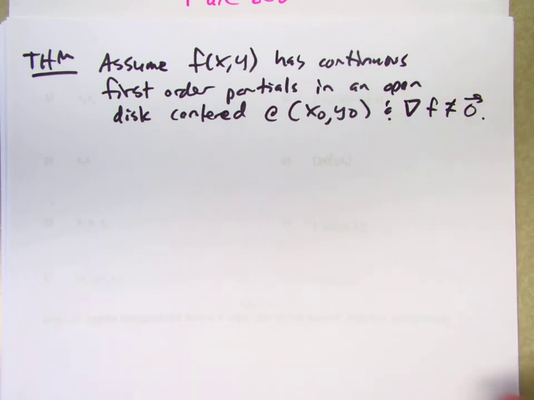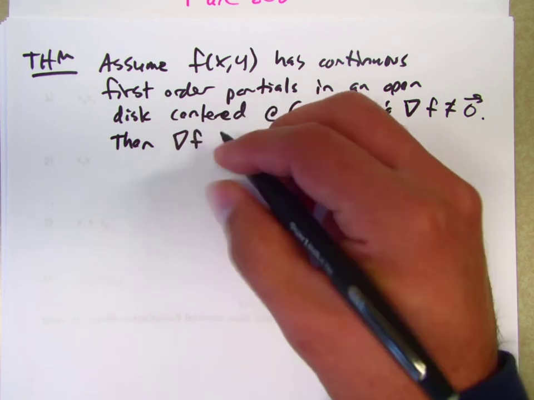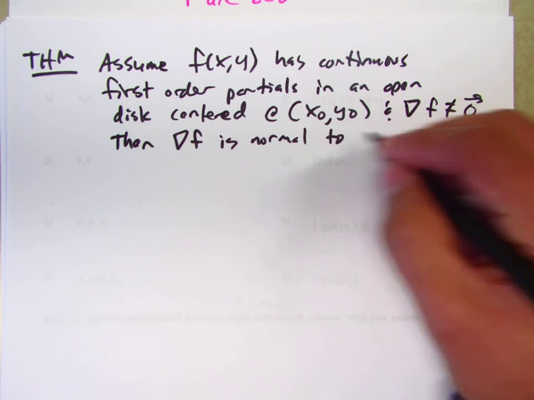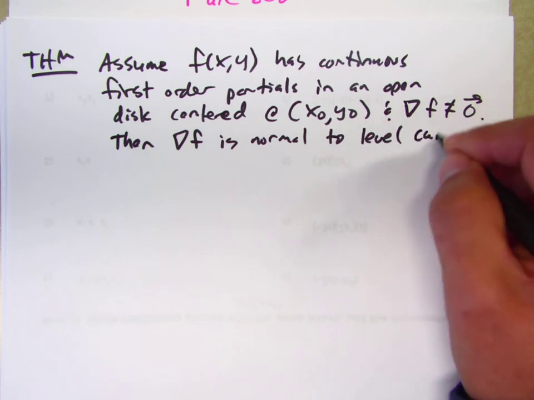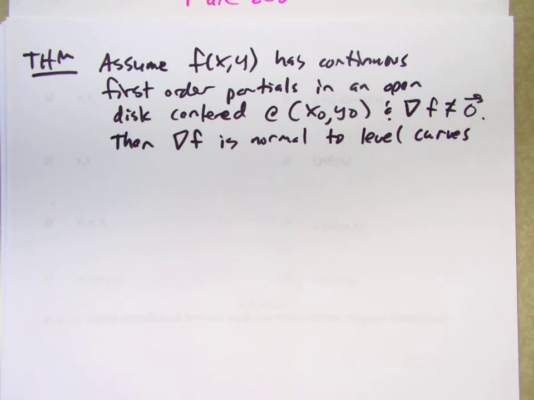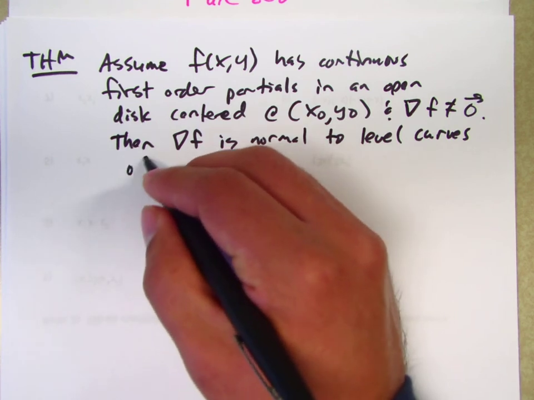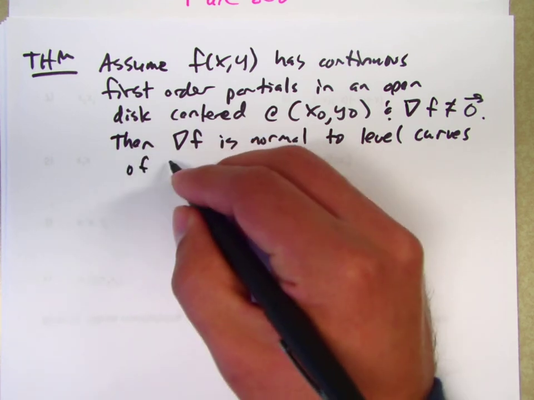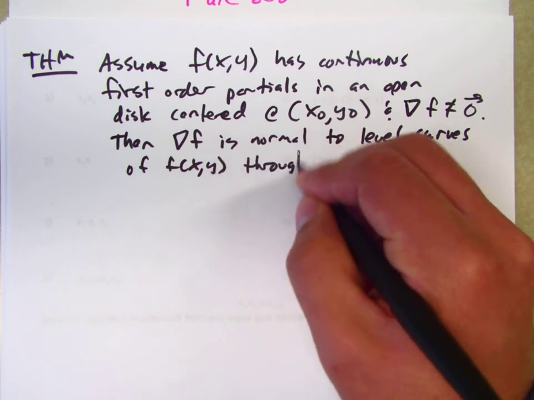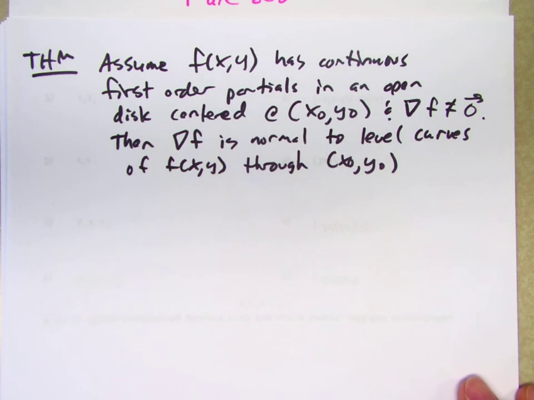Then what we have is that the gradient of f is going to be normal to the level curves or surfaces, depending on how many dimensions we're looking at, but normal to the level curves of f of x, y through the point x naught, y naught. Okay.